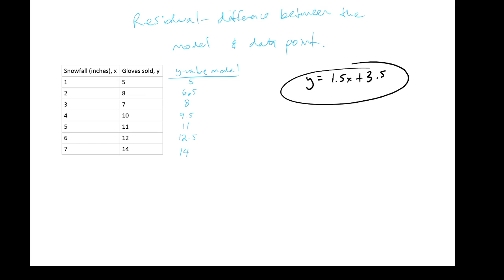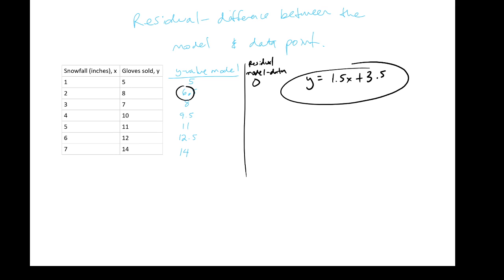So the way we figure out the residual is the model minus the data point. In this case, it's 5 minus 5, the outcome here is 0.